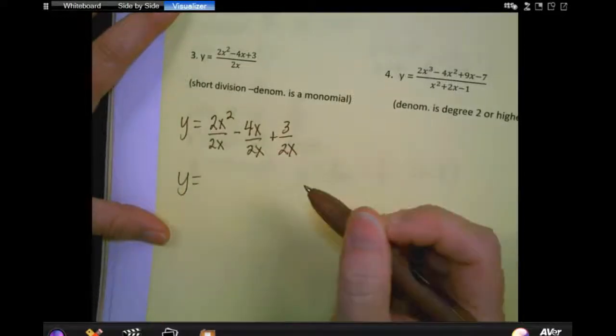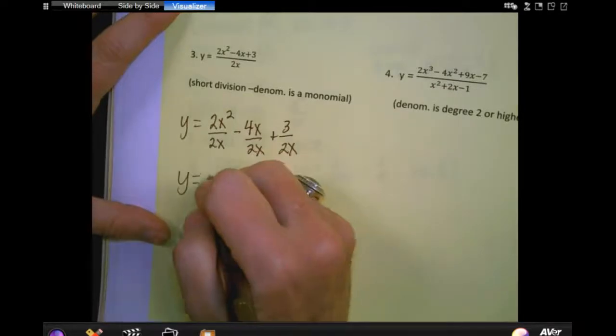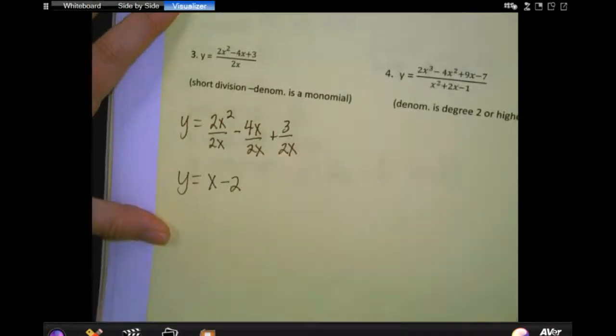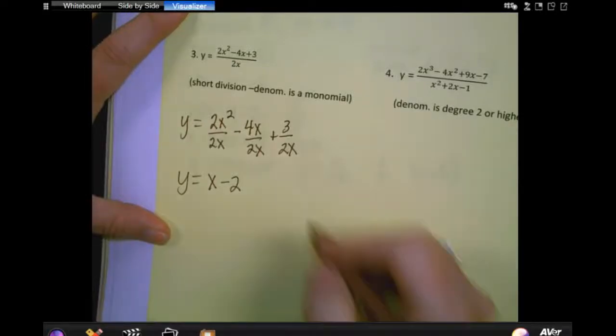So 2 divided by 2 is, so I get x, the x's cancel, and I get minus 2. Now just stop for a second. So the plus 3 over 2x, what do we call that? Starts with an R. Remainder, right?